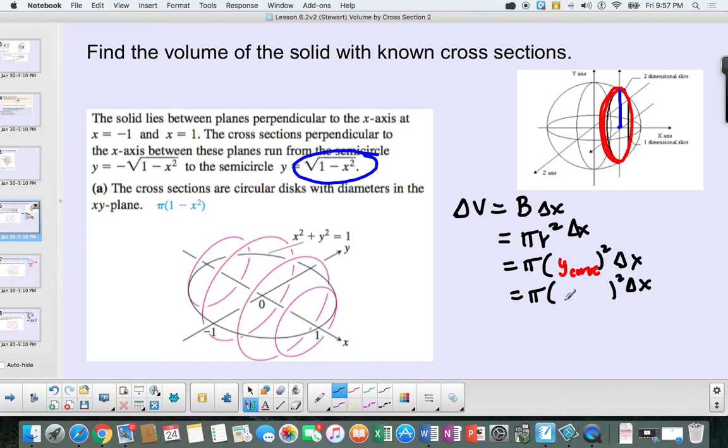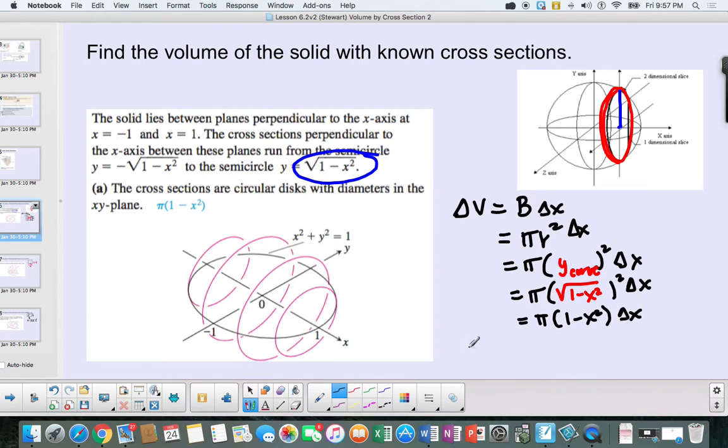And the y of the curve will be the square root of 1 minus x squared. And this is the radius, and I have to square it. And when I do that, I am going to get pi times 1 minus x squared delta x.